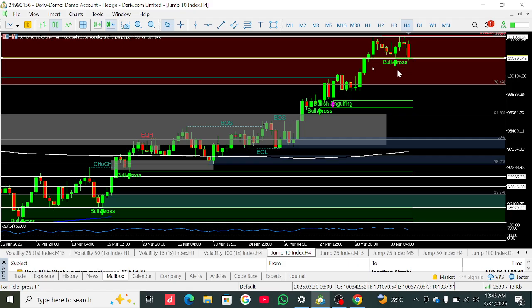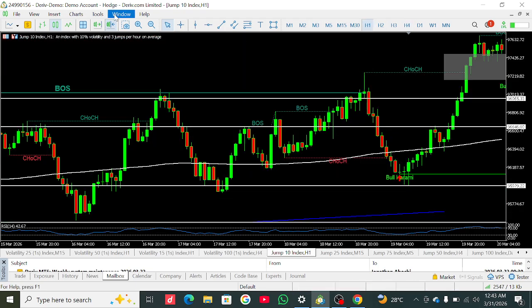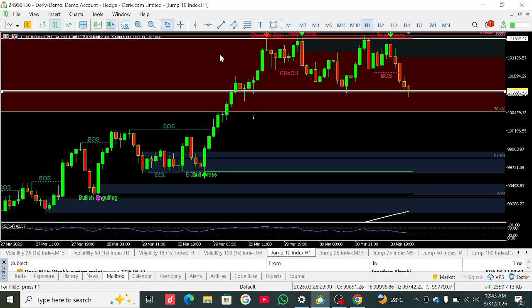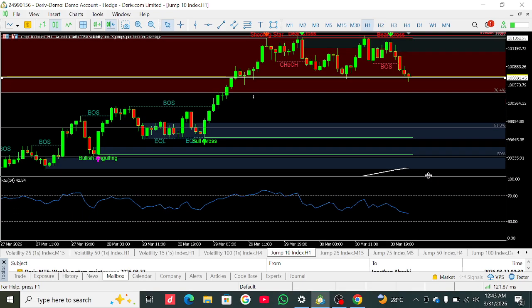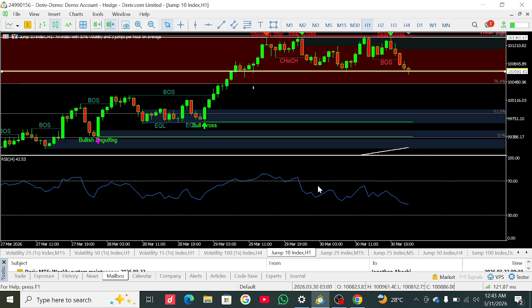Any double top that does not get its confirmation from the higher time frame cannot be relied upon. Understand? It can mislead you. So when it happened like this, I saw a double top, and sometimes I make use of my, what's it called?